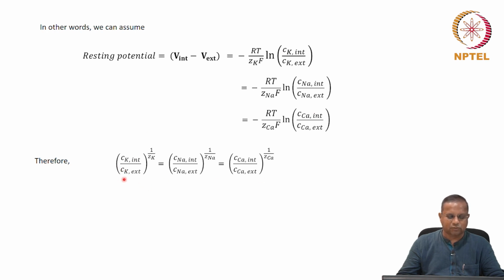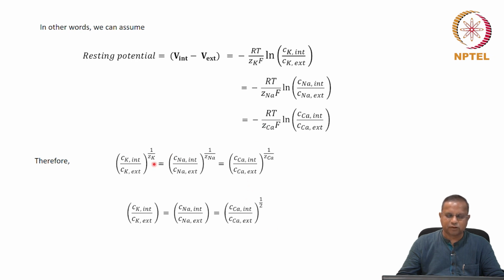If you equate the arguments, CK intracellular divided by CK extracellular raised to the power of 1 by ZK, where RT by F cancels throughout, equals intracellular sodium concentration divided by the extracellular sodium concentration raised to the power of 1 by ZNa, equals the intracellular calcium concentration divided by the extracellular calcium concentration raised to the power of 1 by ZCa. This is how we got it.